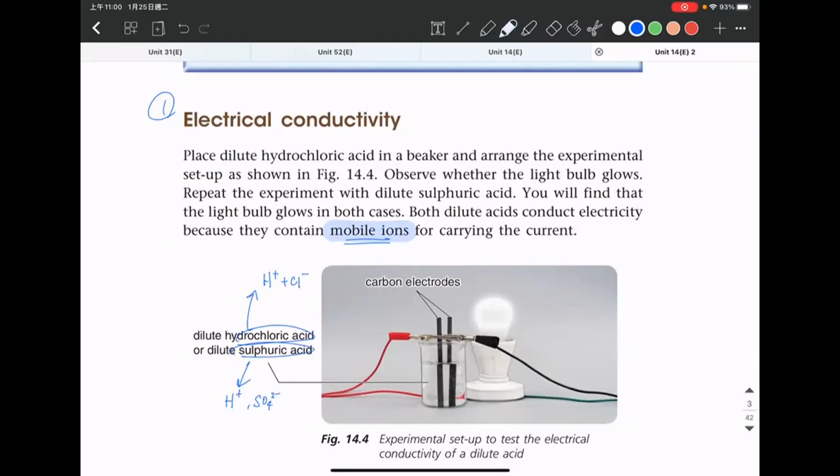In the fluid, the particles are freely moving. We call them mobile, and they conduct electricity by attracting towards the electric field of opposite charge. Any questions so far?